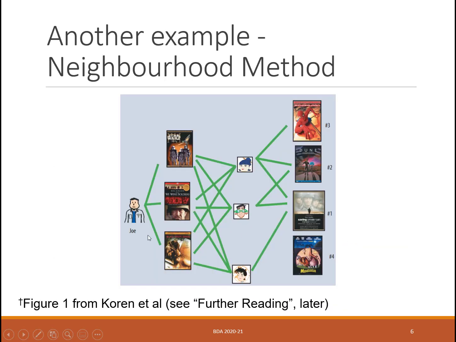Here we have another example. Joe likes the 3 movies on the left. To make a recommended playlist for him, the system finds similar users who also liked those movies. Based on this information, the system determines which other movies they liked.